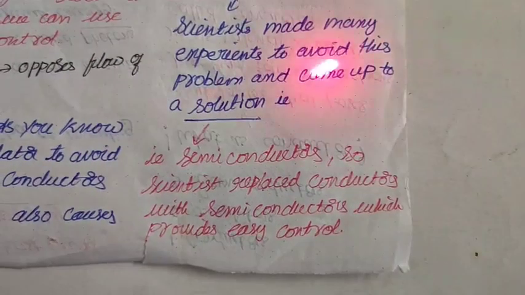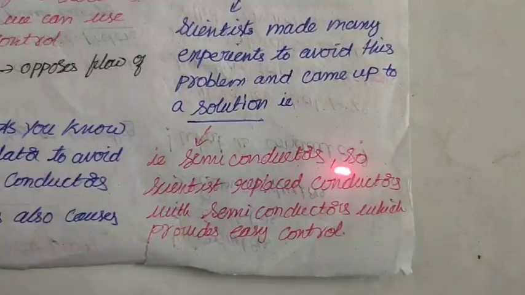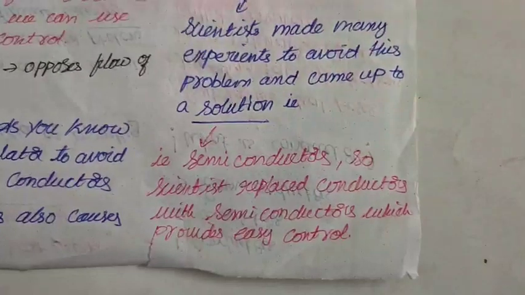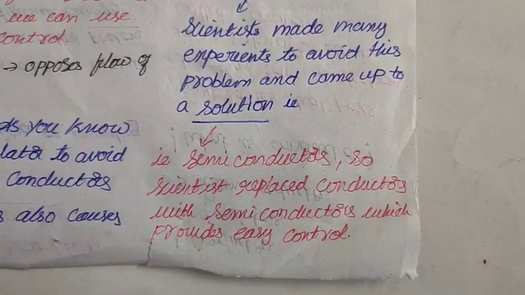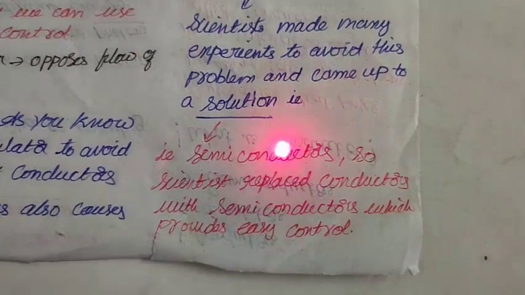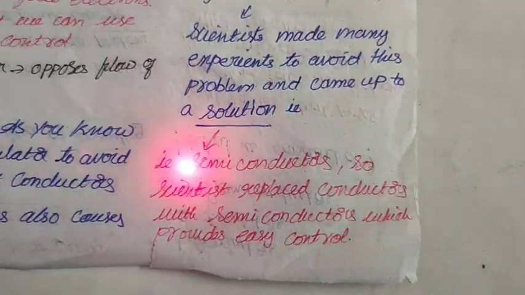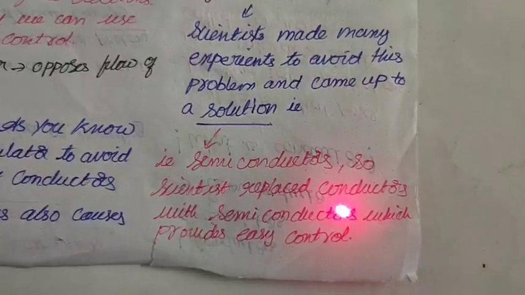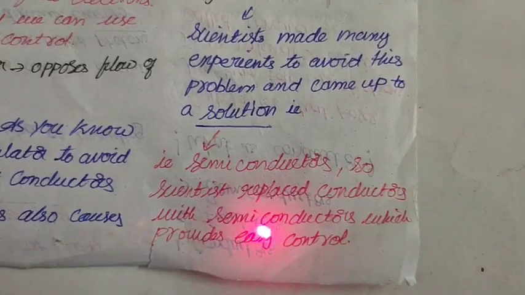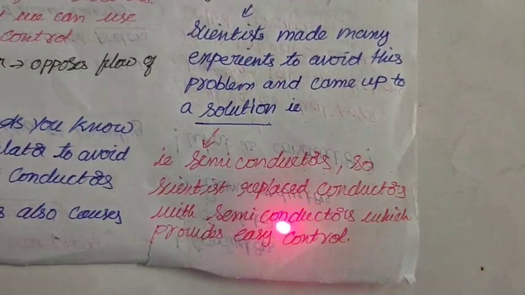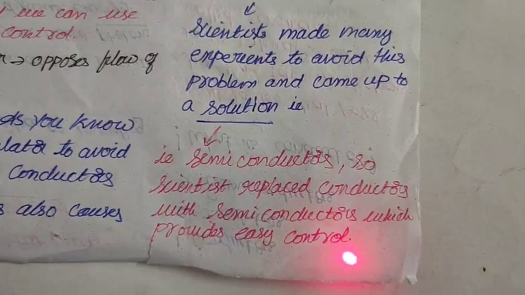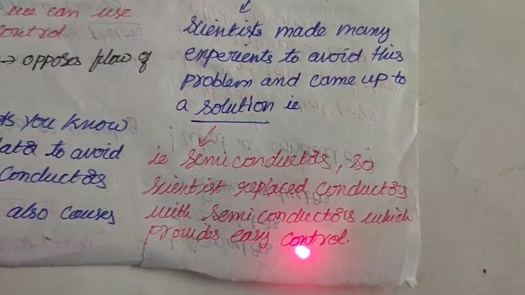That solution is semiconductors, because semiconductors have fewer free electrons compared to conductors and more free electrons compared to insulators, so we can control current flow in semiconductors more easily when compared to conductors. So scientists used semiconductors to avoid the problems of conductors, so that we can easily control the flow of electricity in devices.